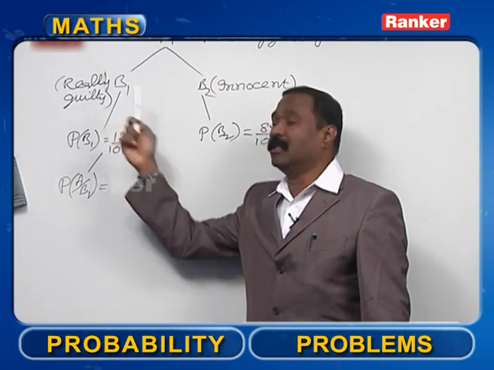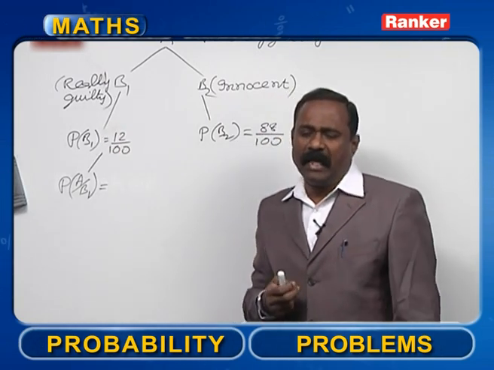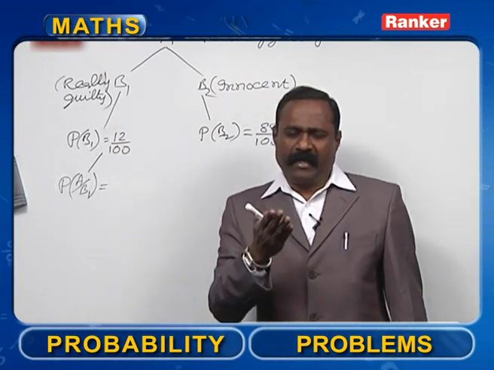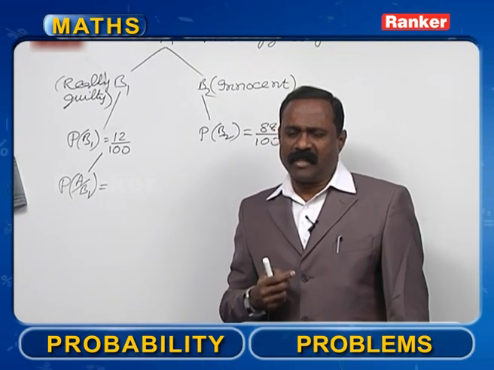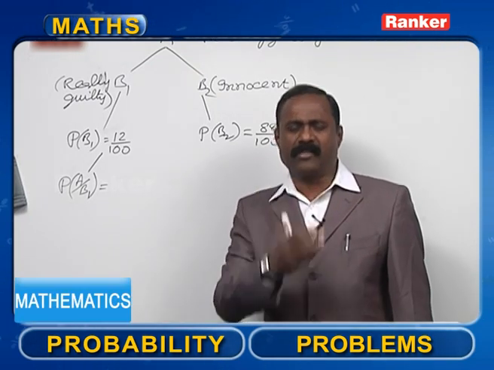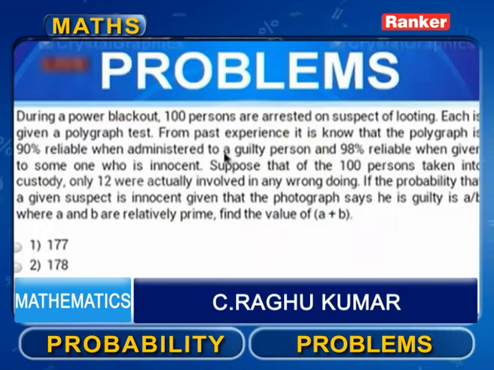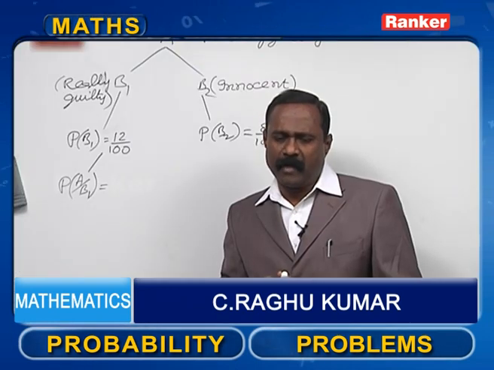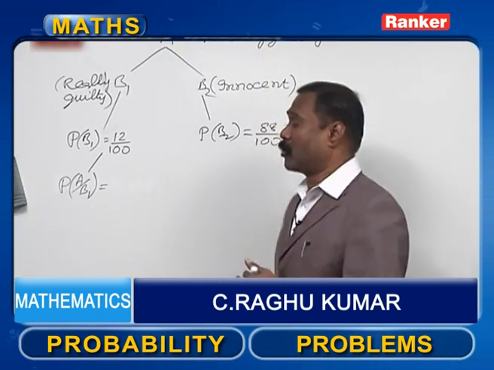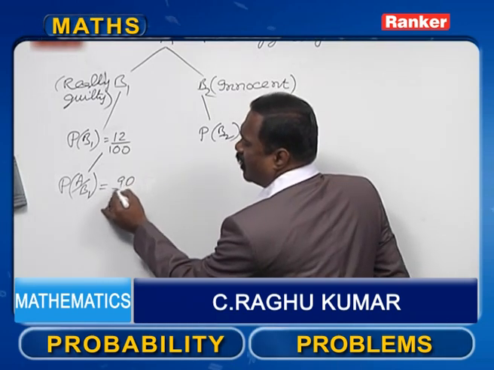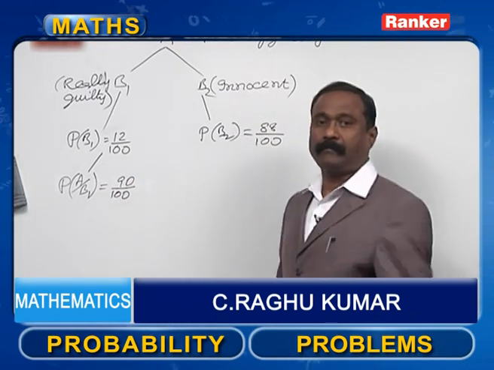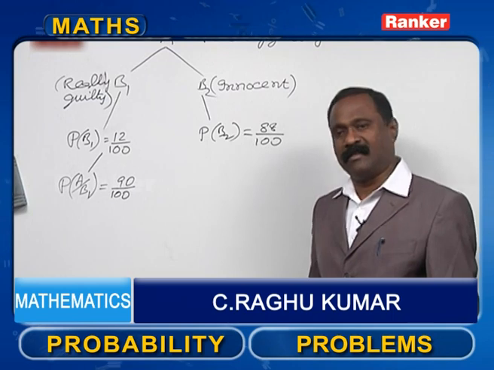What is B1? A guilty person. What is given there? If you go to the third sentence, the polygraph is 90% reliable with a guilty person. It is known that the polygraph is 90% reliable when administered to a guilty person. So it is 90 by 100.